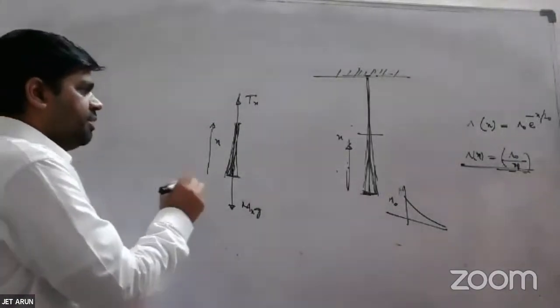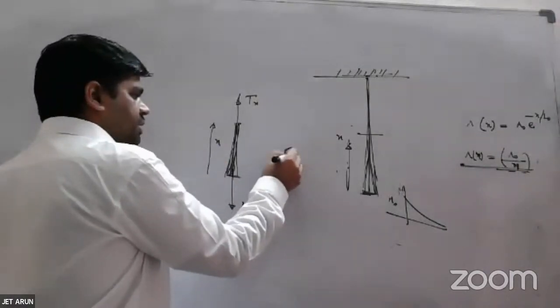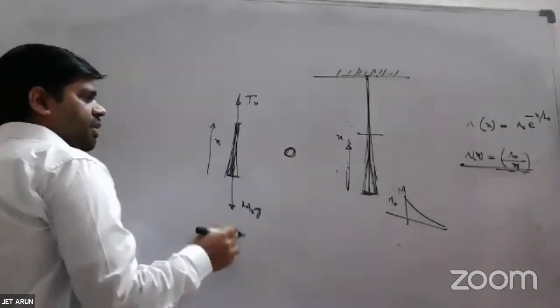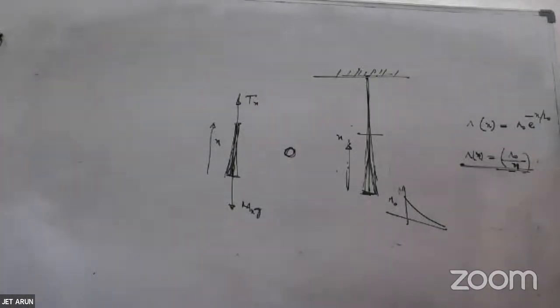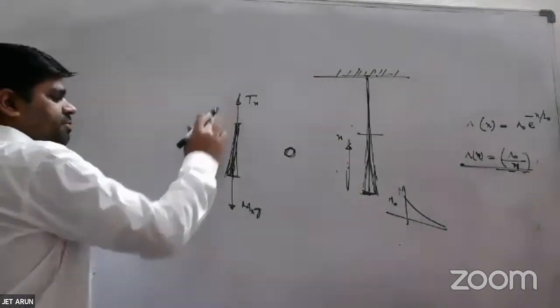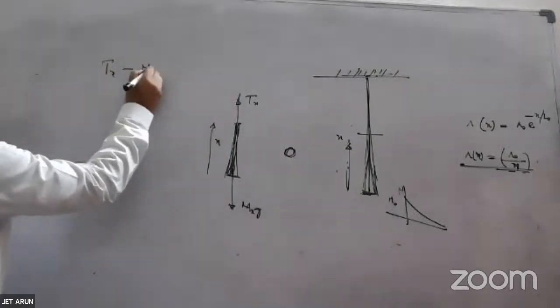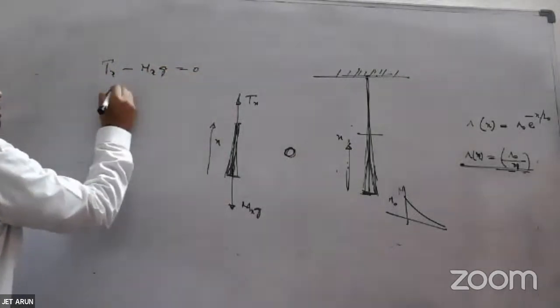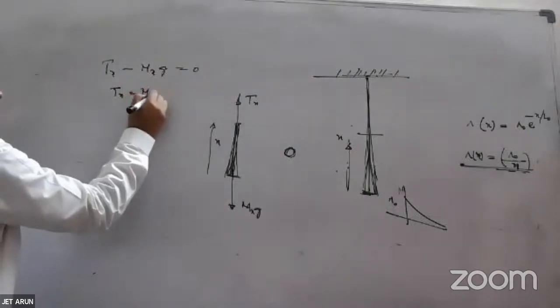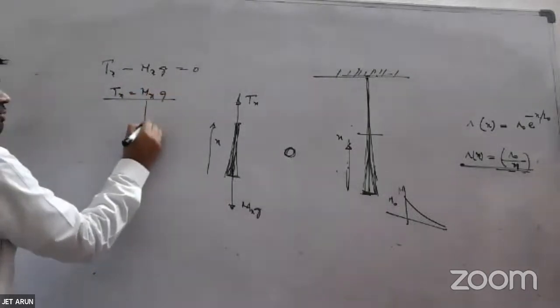See, FBD is complete. And what is the acceleration of the system? Zero. Acceleration of the mass is zero. So FBD is complete, MAD is complete. All I have to do is F is equal to MA. So net force is equal to 0. So Tx minus mxg is equal to 0. Tx is equal to mxg. All I have to find is mx.